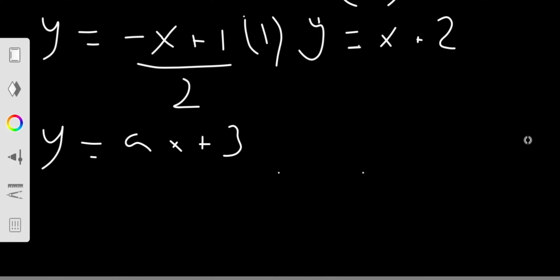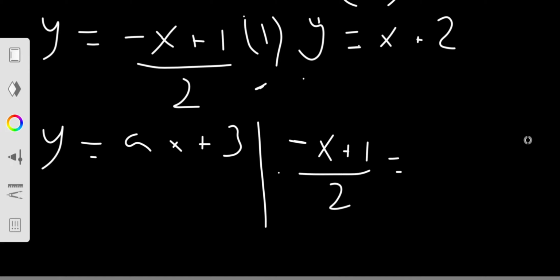So by taking the first equation and this one, we have epsilon is equal to this and epsilon is equal to that. So minus x plus 1 divided by 2 is equal to x plus 2. Alright?